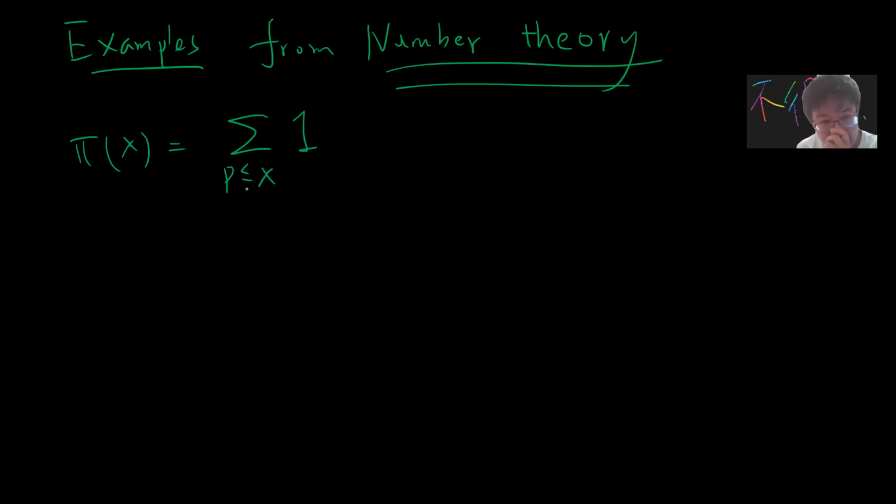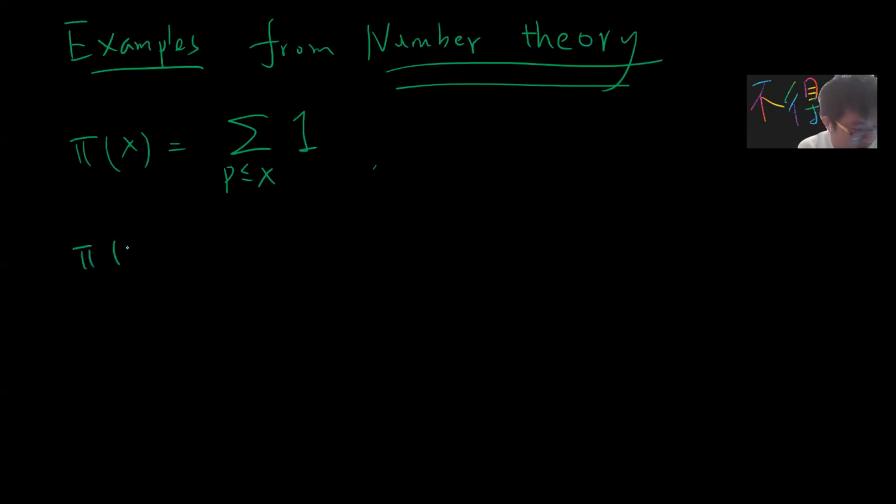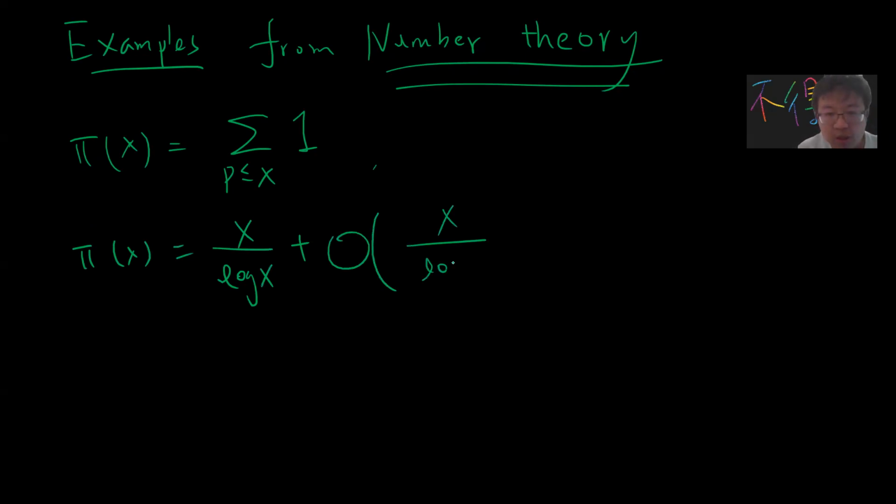Okay, and then the prime number theorem tells you that pi of x is x over log x, and the error is bounded by x over log x squared. So this is the first version, called the PNT, the prime number theorem.